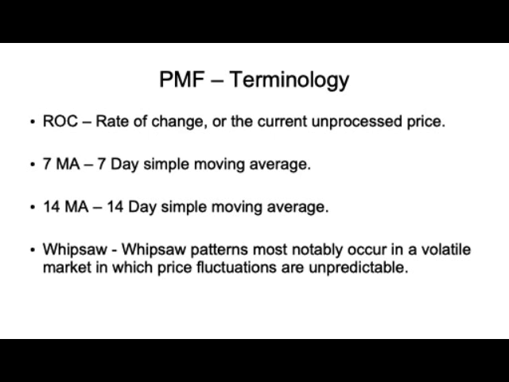We've introduced a new one, which is a whipsaw. A whipsaw is when there's a volatile change which occurs in the market and creates some unexpected fluctuations. Always be aware of them. I'll talk more about them in part 4.